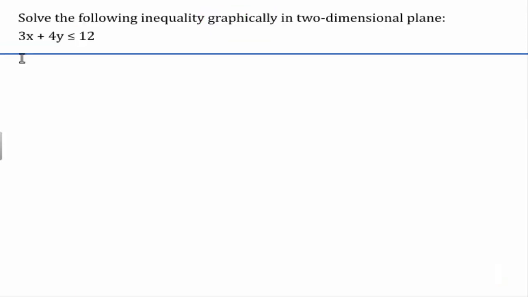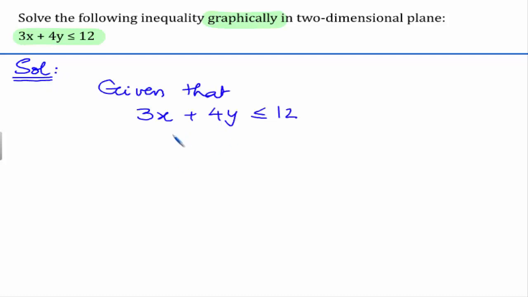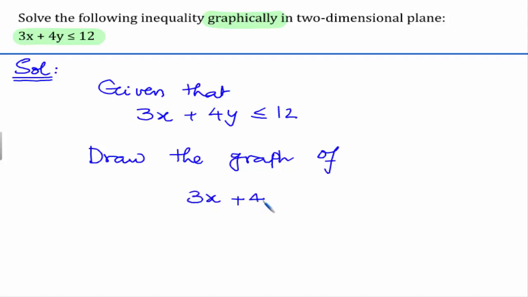In this question, we need to solve the given inequality using the graph. Let us see the solution for this. The given inequality is 3x plus 4y less than or equal to 12. So we need to draw the graph of 3x plus 4y is equal to 12.